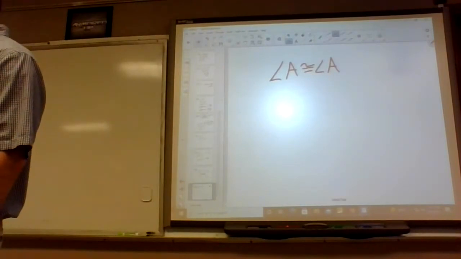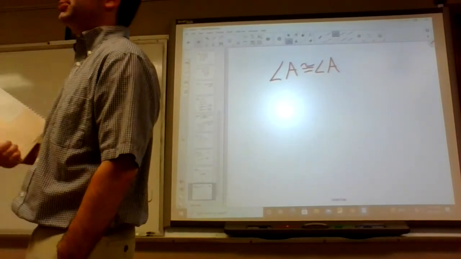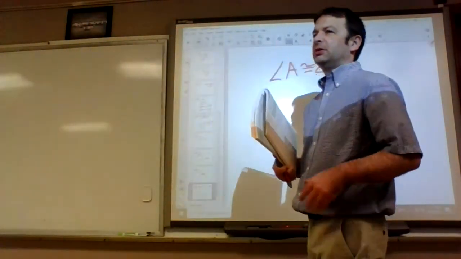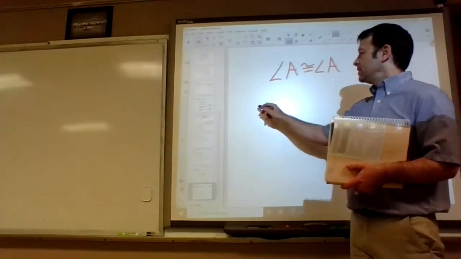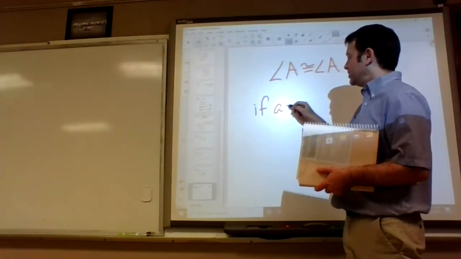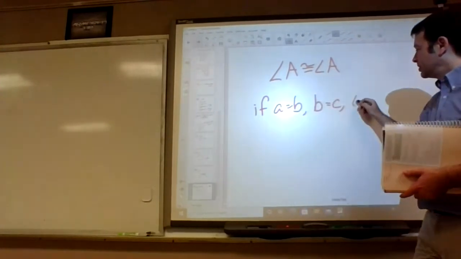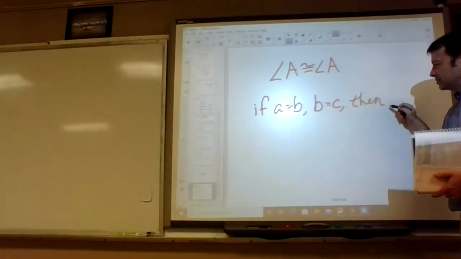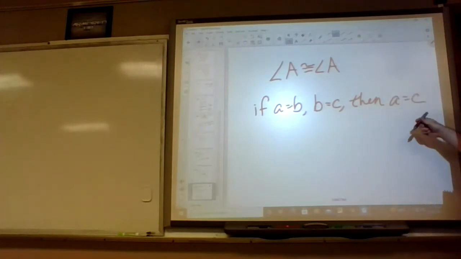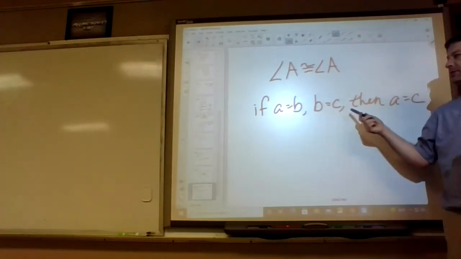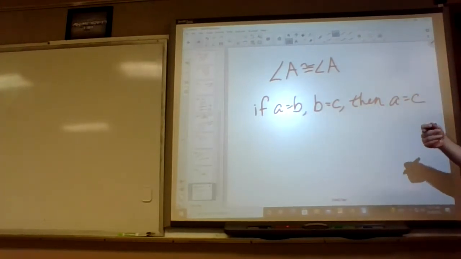15 says transitive property. You guys remember transitive property? It's if A equals B and B equals C, then A equals C. That's transitive. Like a train, they're all connected. So what would that look like with angles?